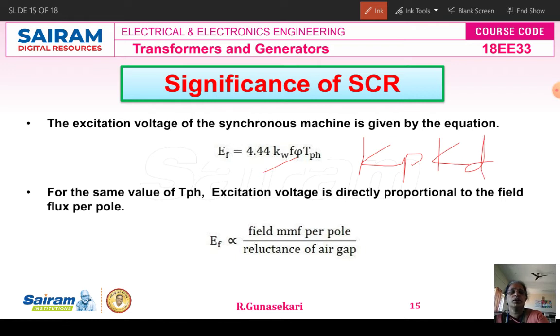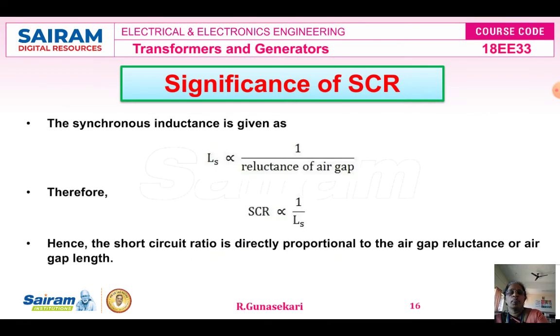We already studied this in the third module, deriving the EMF equation of the synchronous generator. Suppose we have the same number of turns, the excitation voltage EF is directly proportional to field MMF per pole, but EF is inversely proportional to the reluctance of the air gap.